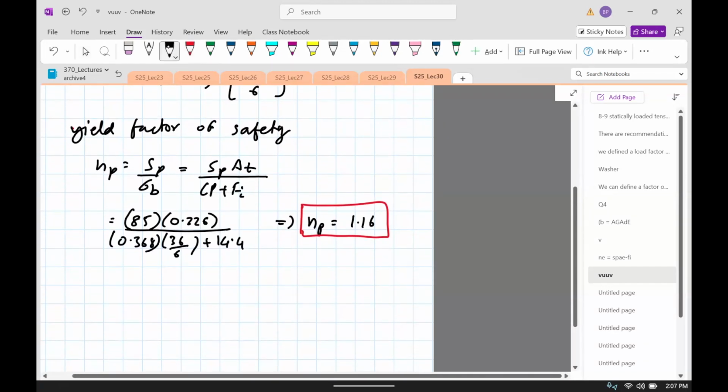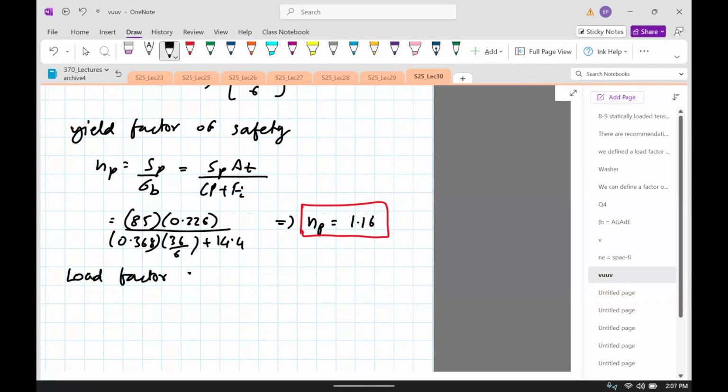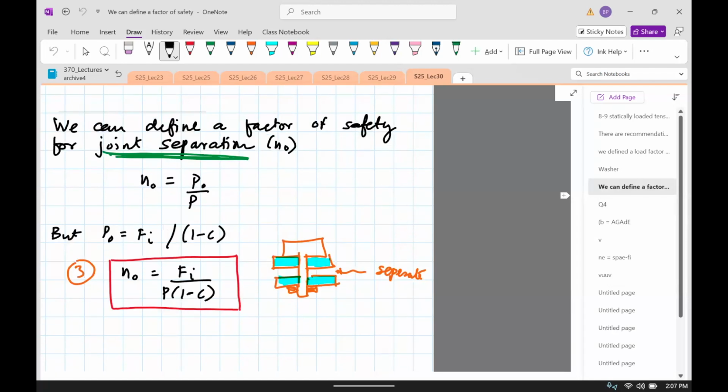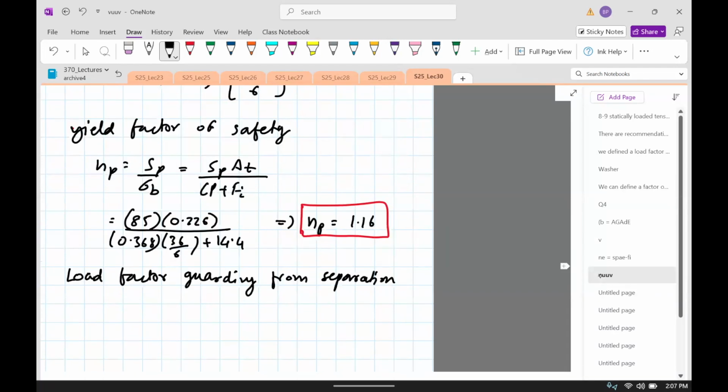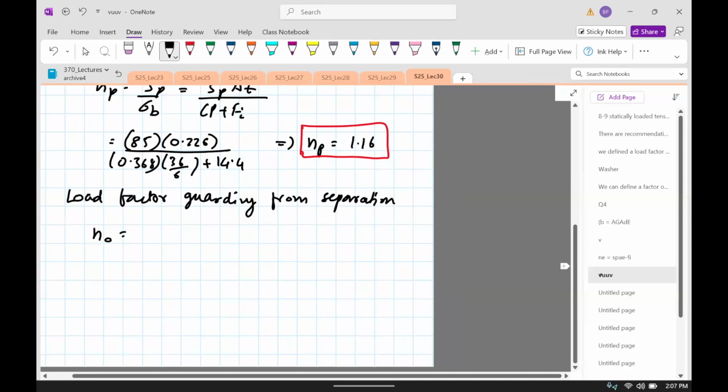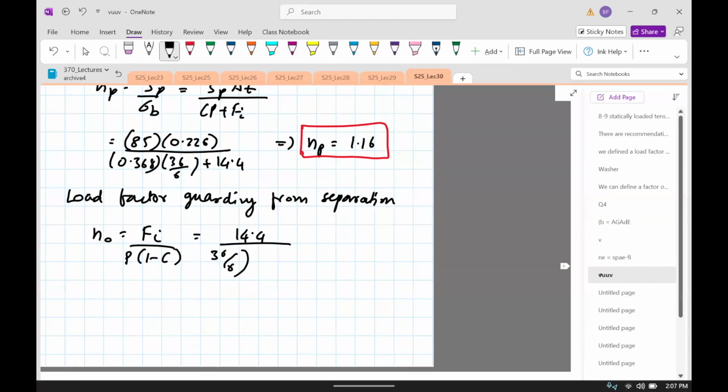Finally, we are asked to find the load factor guarding from separation. Okay, so this is the load factor which will prevent the bolts from separating. So the load factor is given as NO is Fi divided by P times 1 minus C. So Fi is 14.4, P was 36 divided by 6, C was 0.368.